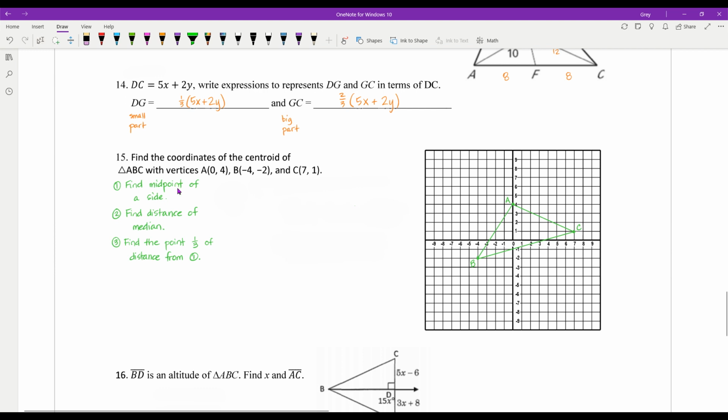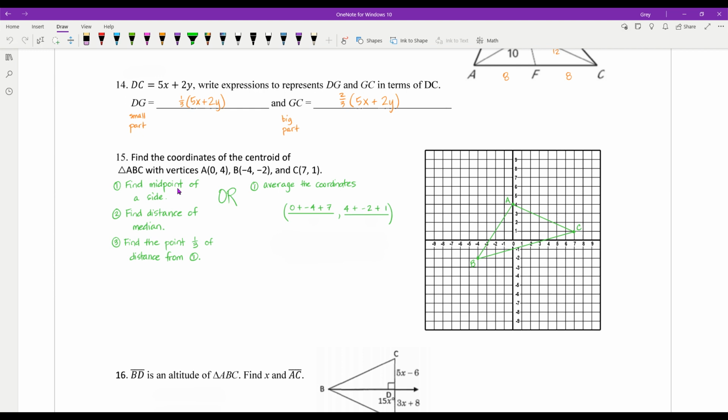Or you could just say, I'm going to average all the coordinates. Well, if I'm averaging 3 numbers, then I'm going to add up 3 numbers. So I'm going to add up my x coordinates, 0, -4, and 7. My y coordinates are 4, -2, and 1. Okay, y'all, averaging.